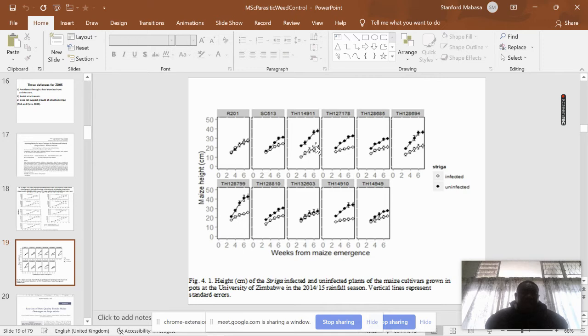These are highly susceptible. Of course, this one is also tolerant, but this one is susceptible. So we can use heights to separate those which are tolerant from those which are not tolerant, simply by measuring heights.